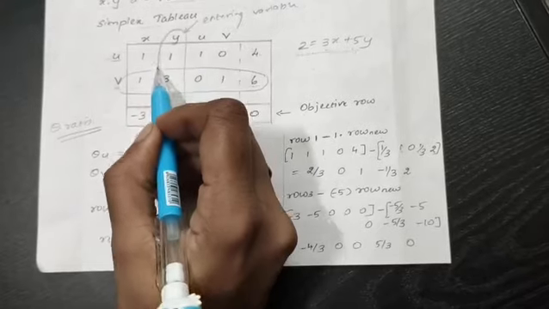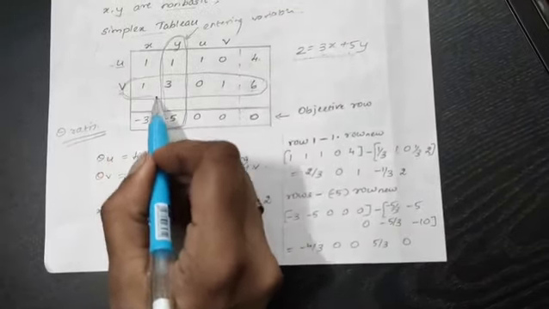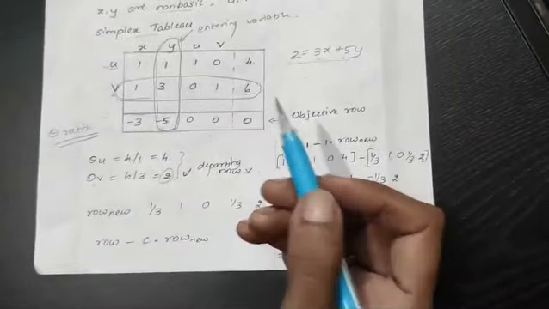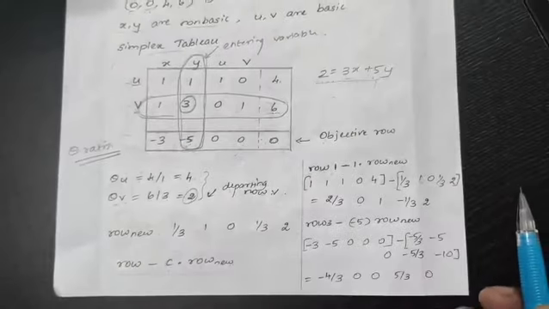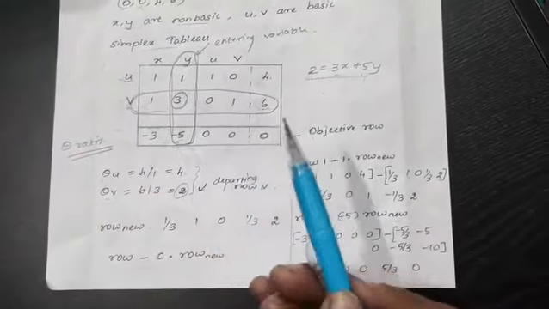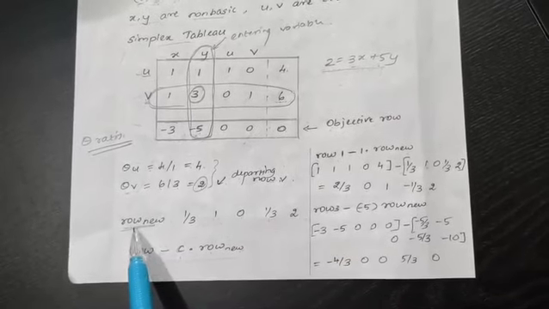Now this is the pivot column, this is the departing row, and this value, 3, is the pivot value. Based on this, we have to formulate the new table. For that, first we calculate the new row value.